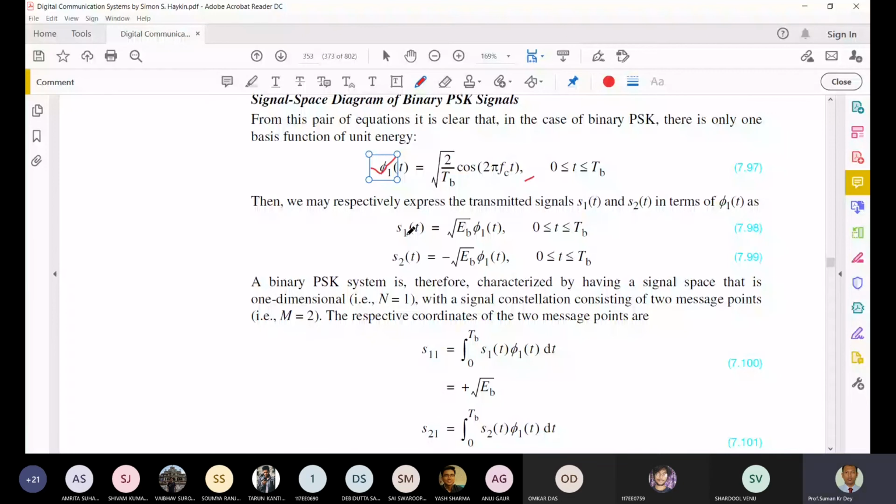Similarly, S2(t) equals minus square root of EB times phi 1(t).